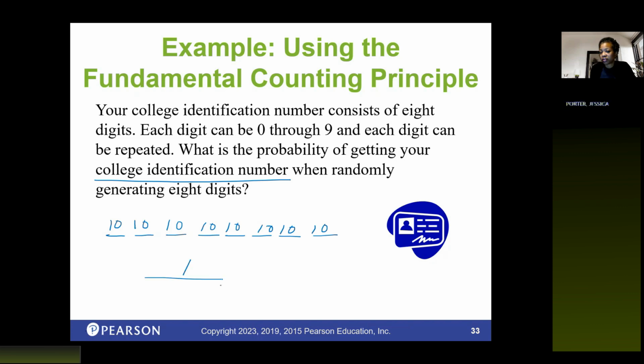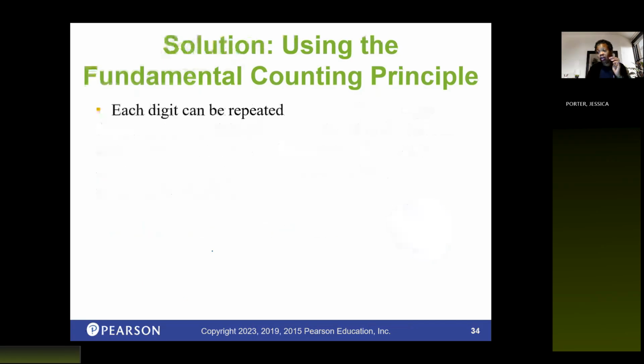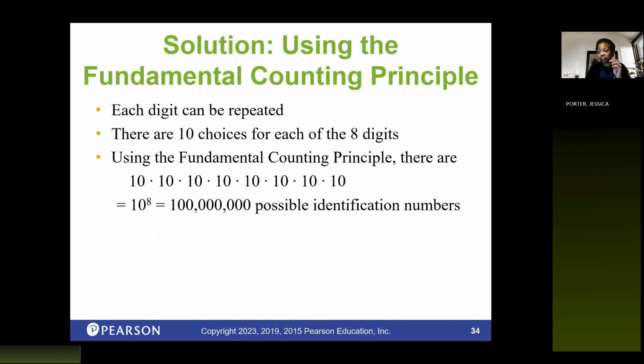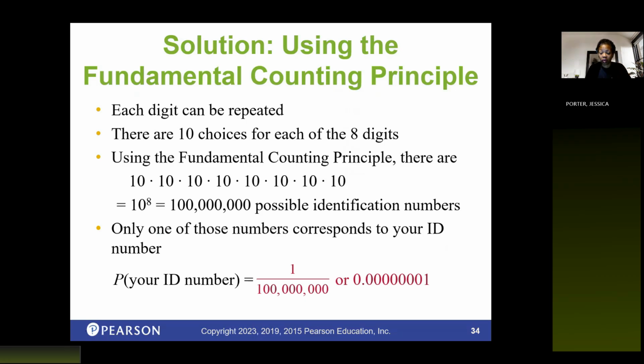So one divided by 10 to the 8th. Very small. So the longer the code, the more numbers you have, the harder it is to guess the ID number in this case.